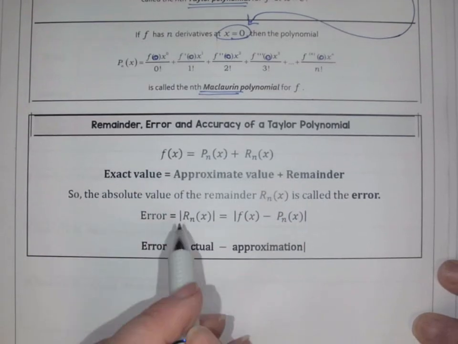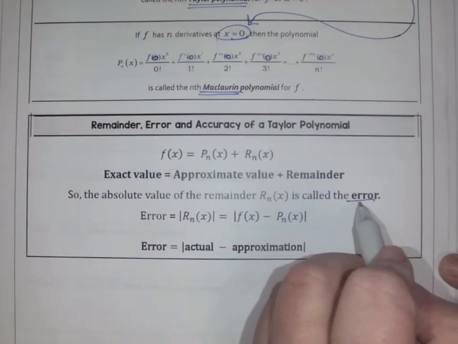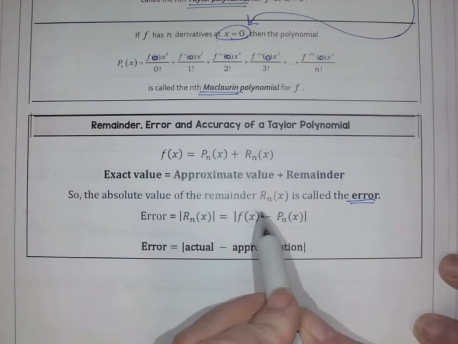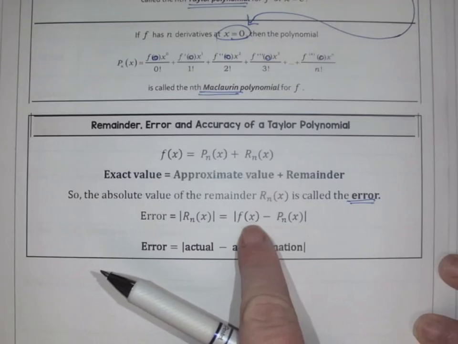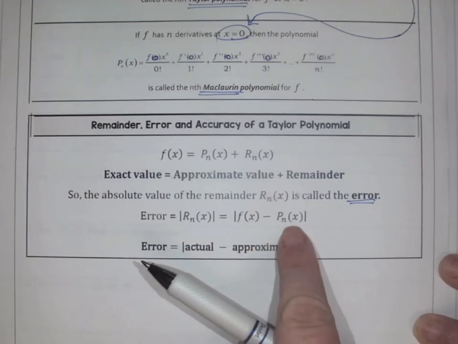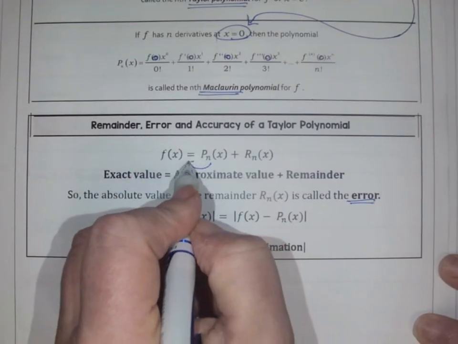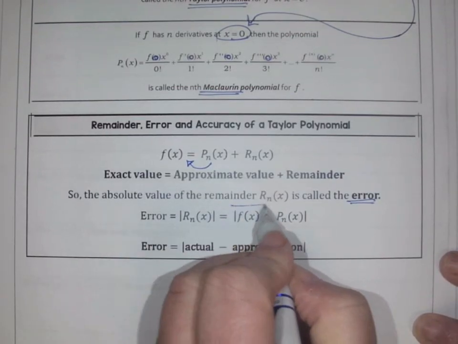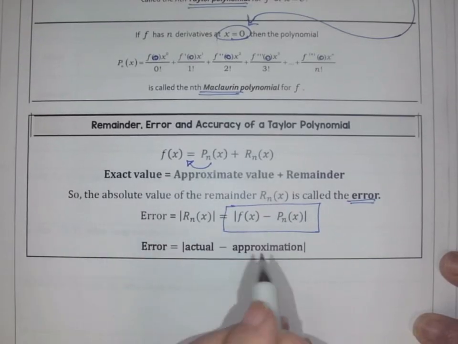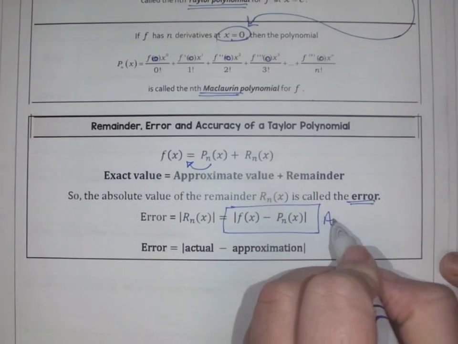So the absolute error, the absolute value of the remainder, is going to be the actual value minus the polynomial value. So basically, we're just moving that polynomial over to the other side like an equation. So when you see this right here, you have to know that that is called the absolute error.